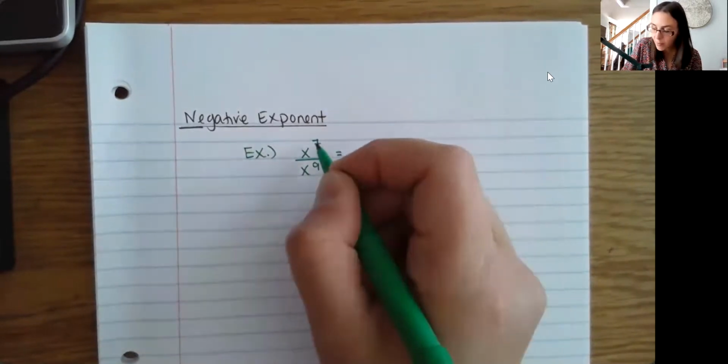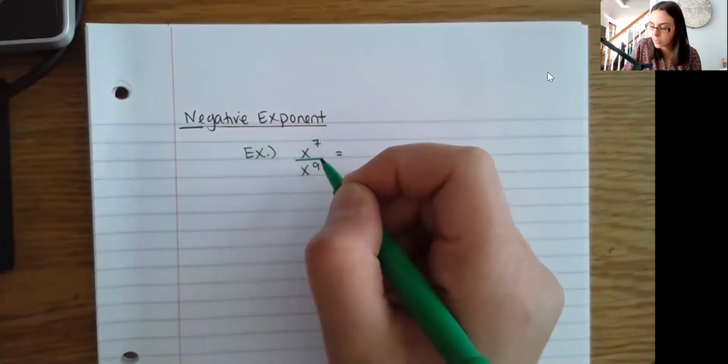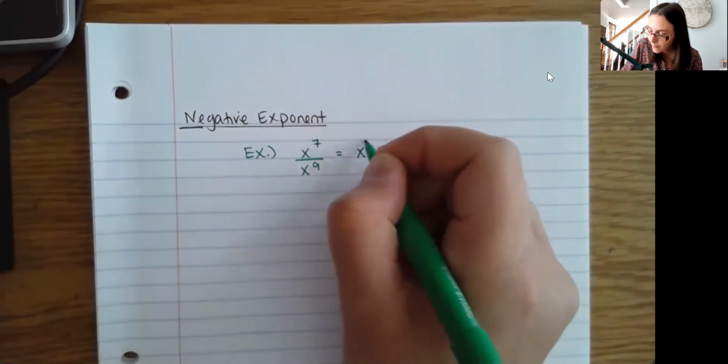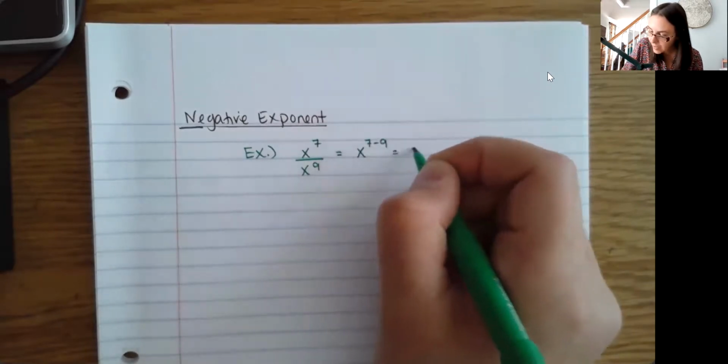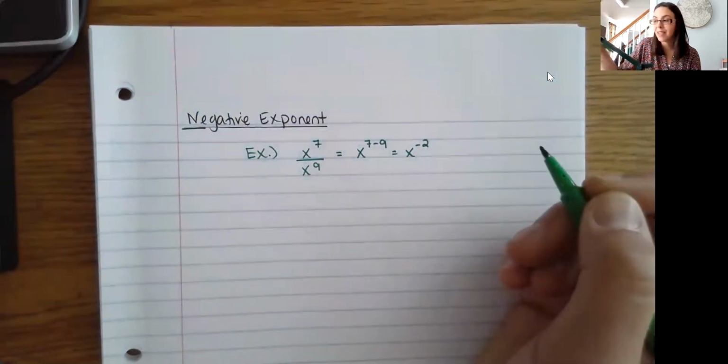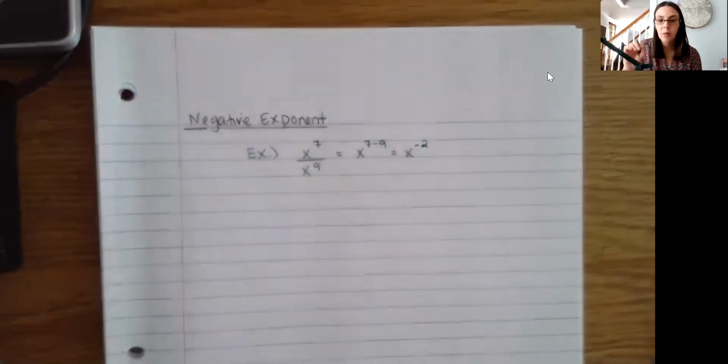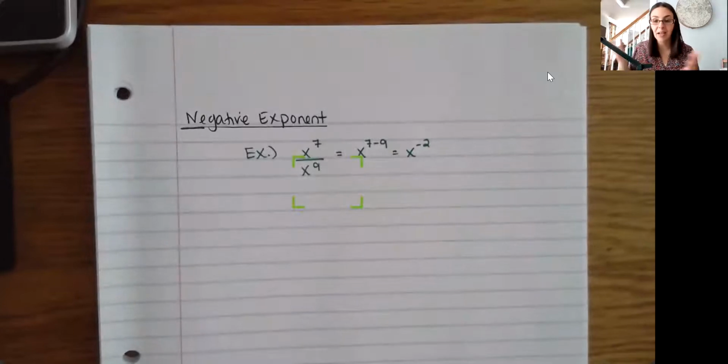And remember, it's always top minus bottom. Be really careful there. Students make that mistake all the time. It's 7 minus 9, which is negative 2. Okay, so be careful there. A lot of times students will just write 2, but it's really top minus bottom. So I have a negative exponent. What do I do with a negative exponent?